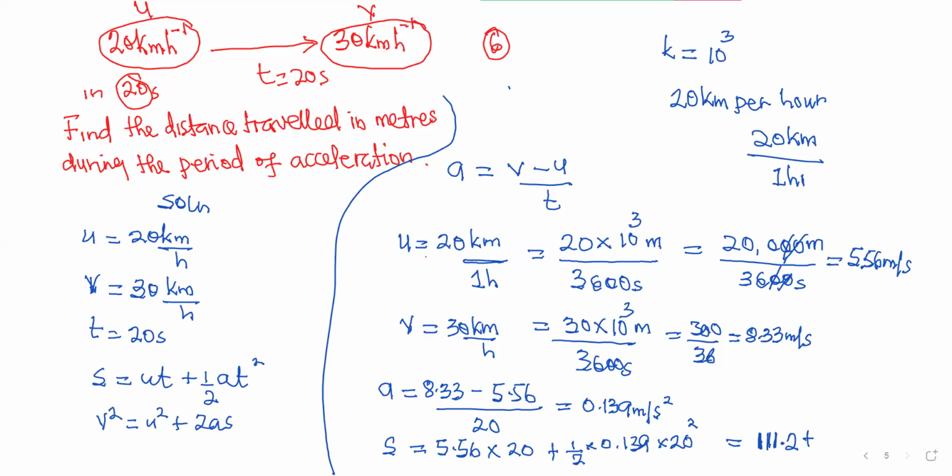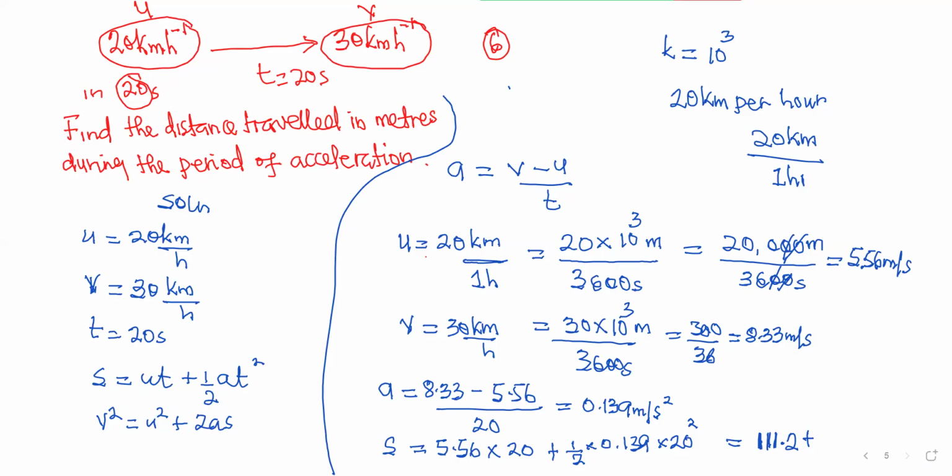20 squared is 400, isn't it? Yes. So 400 times 0.139 gives 55.6.